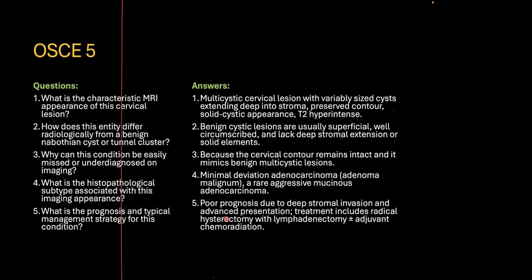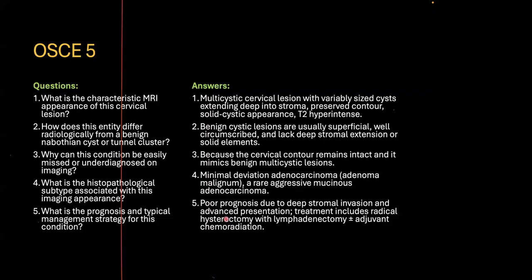Okay, so the answers. The characteristic appearance is a multicystic appearance with deep stromal involvement. It is T2 hyperintense with stromal involvement. And how do we differentiate it from benign conditions such as benign cystic lesions?